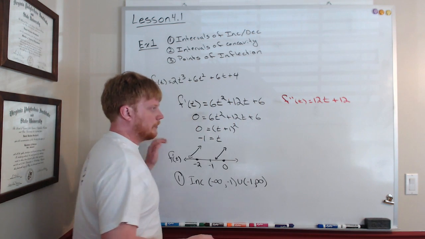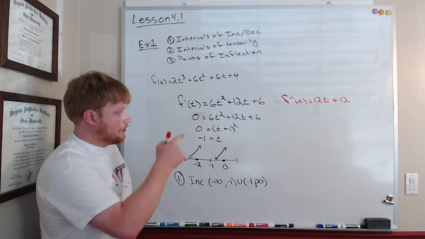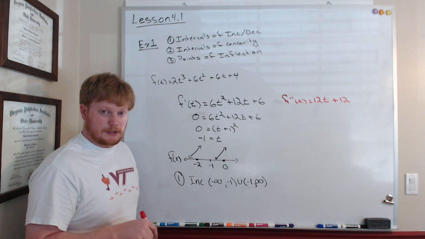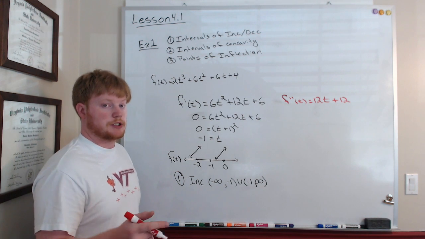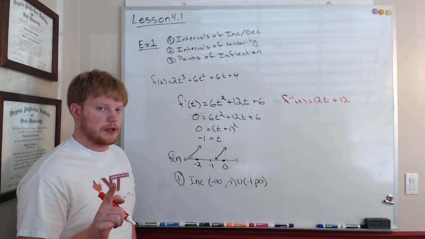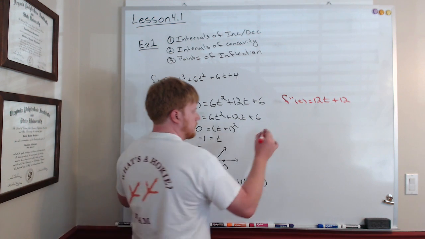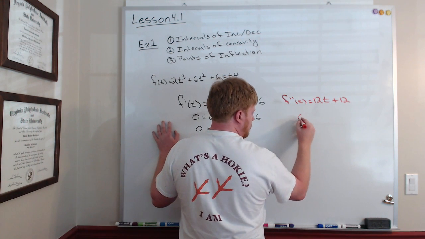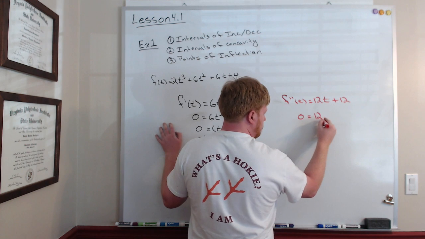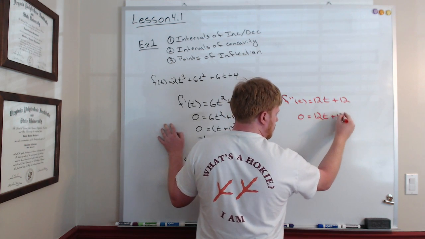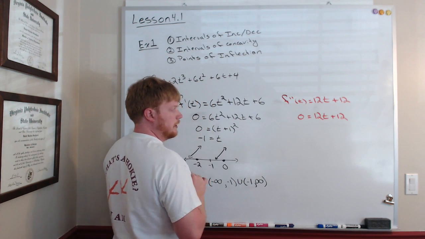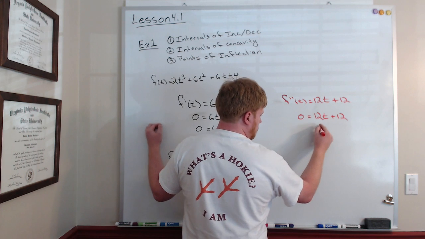Okay. Where that's equal to 0 is a possible point of inflection. It's not guaranteed to be a point of inflection, but a possible point of inflection. So let's look at what values of t make this true. And again, it's t equals negative 1.